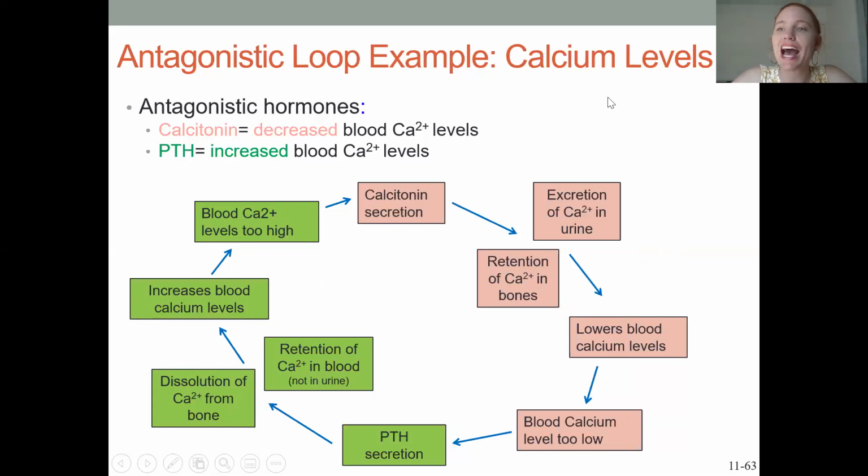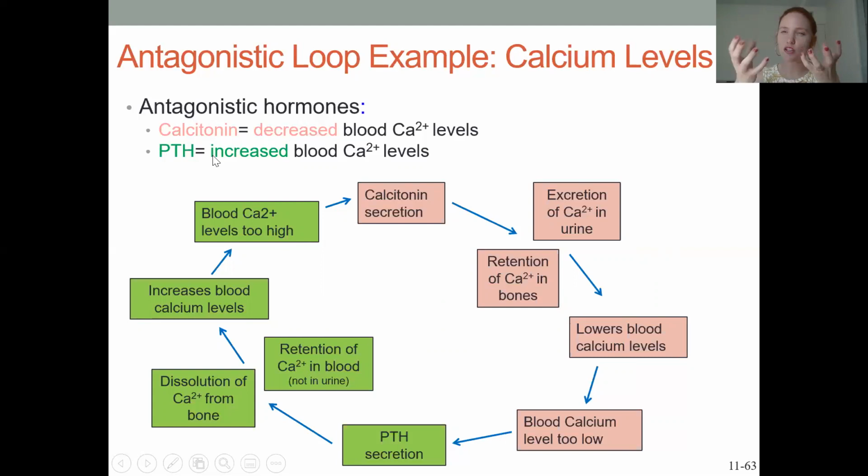So let's talk about calcium levels. Calcium levels is going to be regulated by two different hormones. You have the calcitonin and you have the parathyroid hormone. And what the calcitonin does is it decreases blood calcium levels, and the parathyroid hormone increases blood calcium levels.